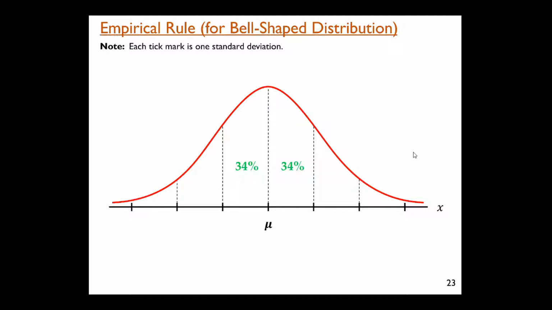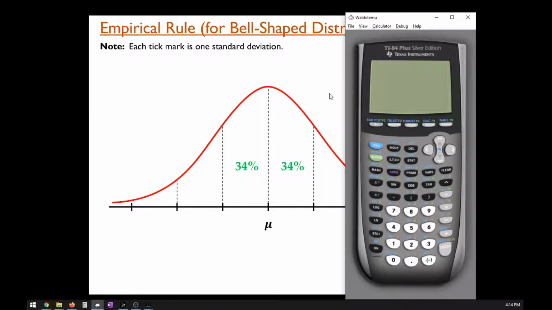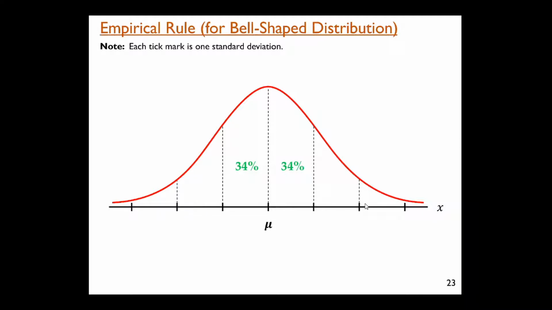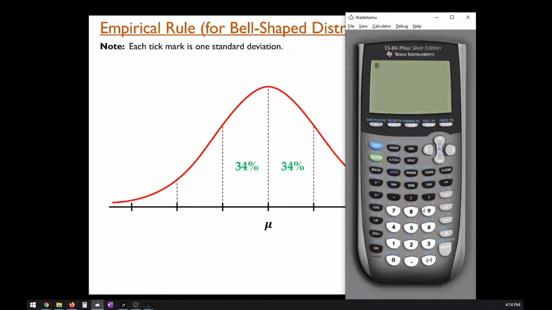And then we know that from here to here is 95%, according to the empirical rule for bell-shaped distribution. So we can figure out what percentage each of these outer sections represents. The way we do that is we take the 95%, because this entire thing from here to here is 95%, and we subtract this middle chunk, which is 68%.